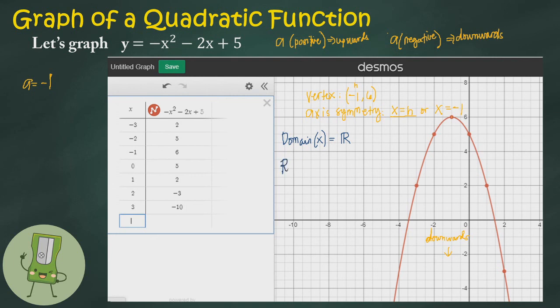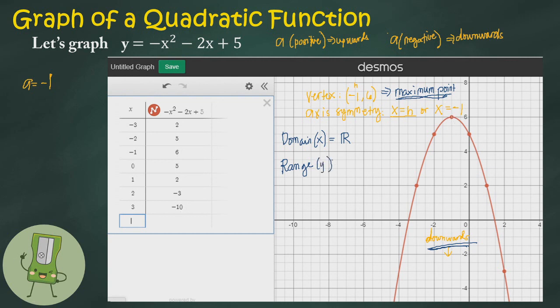How about the range? Since our parabola is opening downwards, then our vertex is a maximum point. If we go from left to right, the y values are increasing or going up until it reach positive 6, then it goes down again. So, nagdi-decrease siya dito. So, the y values will not go higher than positive 6.